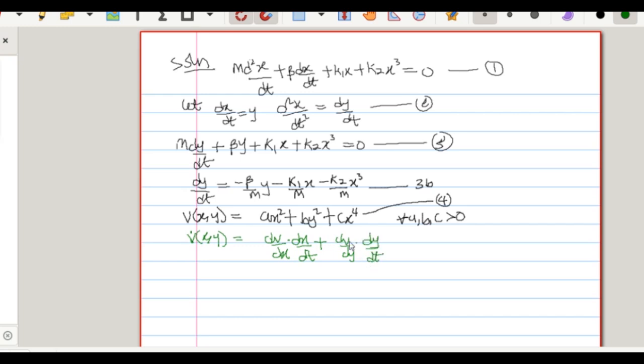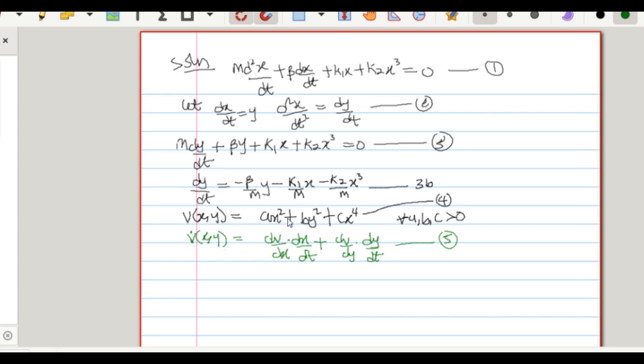Let me call this equation 5. So we've differentiated V, which is a function of x and y, with respect to x, then with respect to y.